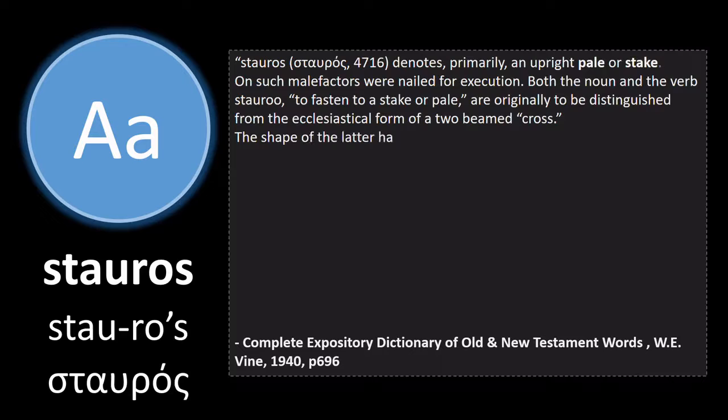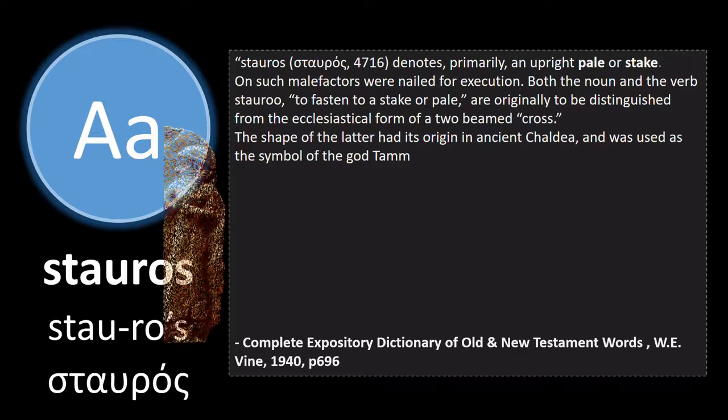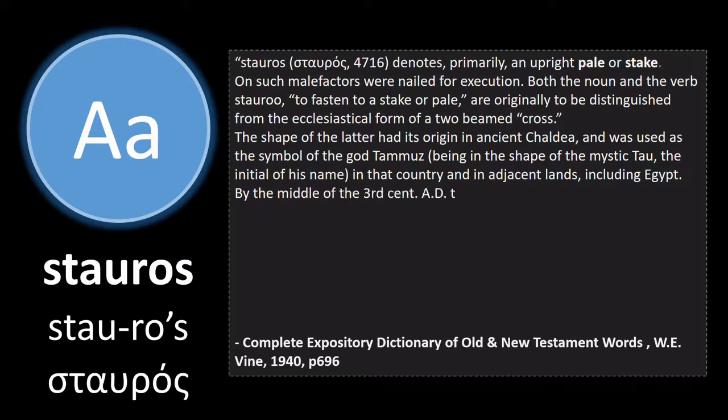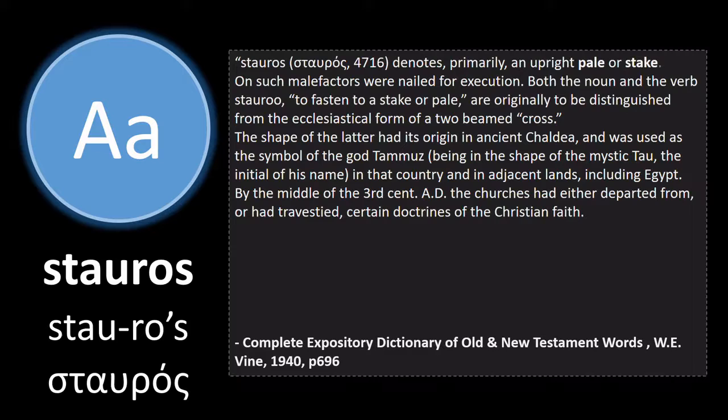The shape of the latter had its origin in ancient Chaldea, and was used as a symbol of the god Tammuz, being in the shape of the mystic Tau, the initial of his name, in that country and in adjacent lands, including Egypt. By the middle of the 3rd century AD, the churches had either departed from or had travestied certain doctrines of the Christian faith.